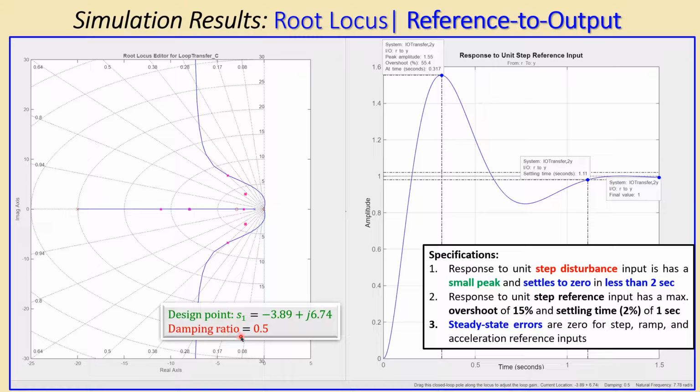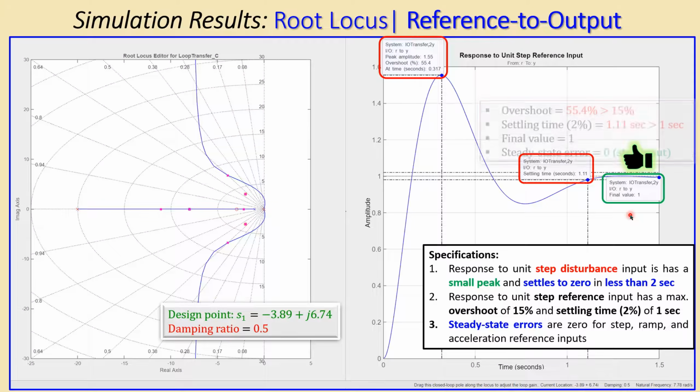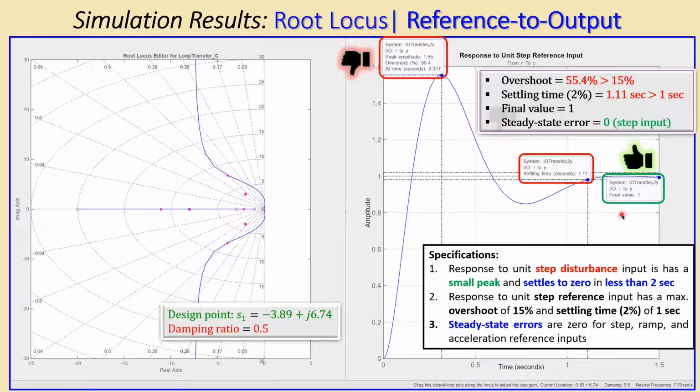But our damping ratio was also 0.5, a little bit larger than this, so it's also close to what we had. Well, of course, this is not good, because our overshoot is much larger, and also settling time is also larger. So the only thing that is now working here is the final value, but the rest is bad.